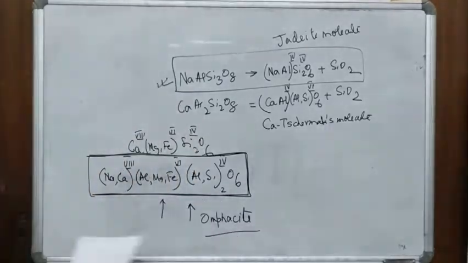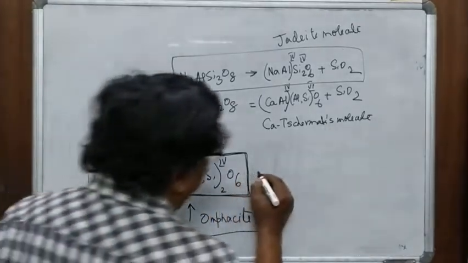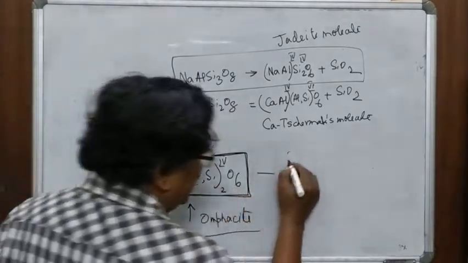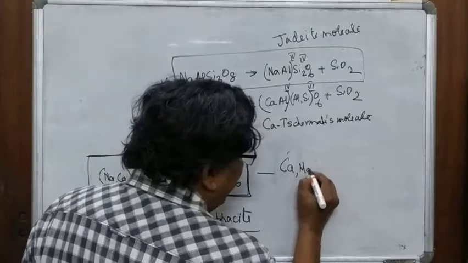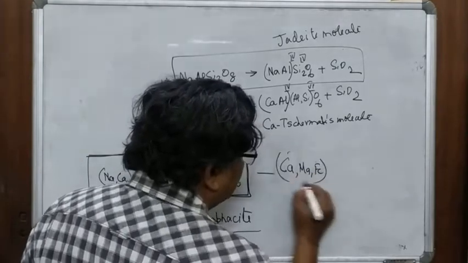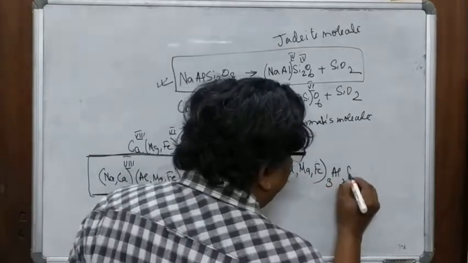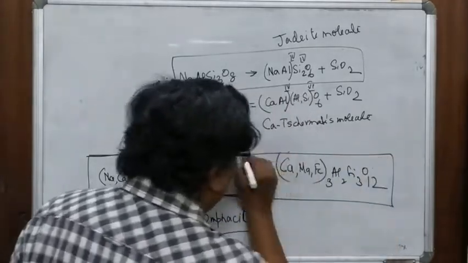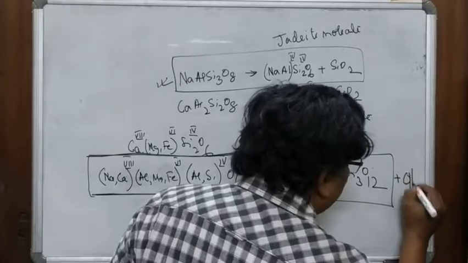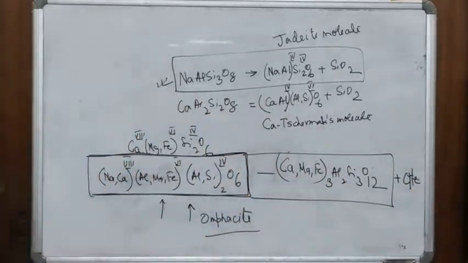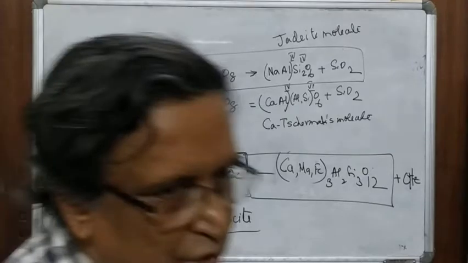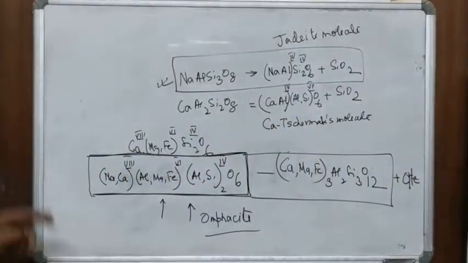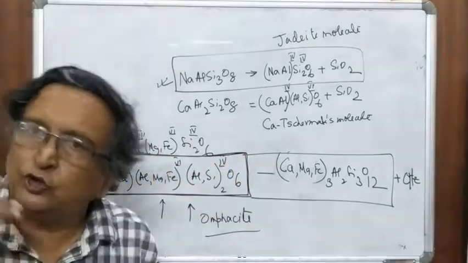So then what you get is clinopyroxene, omphacitic clinopyroxene, plus CaMgFe whole thrice Al2Si3O12 garnet. That is your assemblage, plus quartz. No plagioclase, no orthopyroxene. This is the classic case of orthopyroxene out.